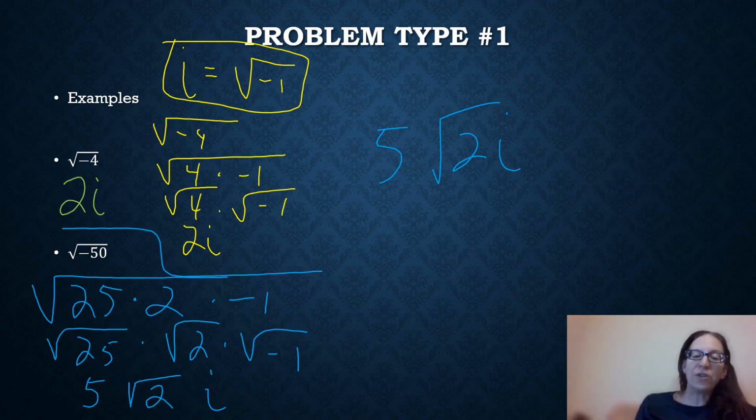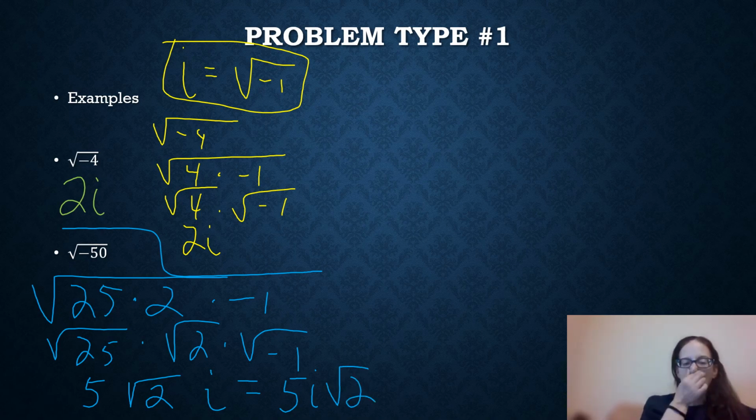So what we do a lot of times to make sure that there is no confusion is we will write the answer like this. We'll put the i on the front side of the square root because it's all multiplication, okay? It was all multiplication in between there, and you can multiply in any order that you want.